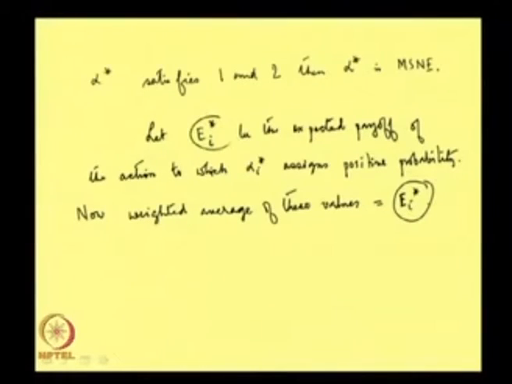Now, if player I tries to deviate, then obviously he will deviate by assigning different probabilities to his actions. But whatever the probabilities, what we are talking about is the weighted average of those values, and the maximum value among them could only be alpha I star.